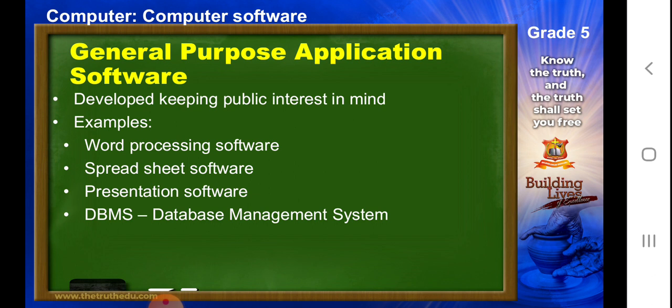We discussed how these softwares are created for the general public, for all of us. If you want MS Word, you can easily buy it online or from a computer store. Now from 2010 onwards, Microsoft has stopped issuing disks or CDs for Microsoft Office.